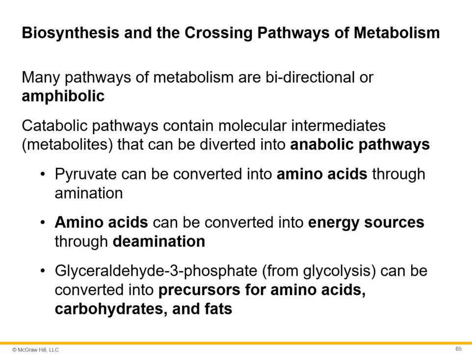For example, pyruvate, we said, can be converted into amino acids. That's through a process called amination. Those amino acids can be converted into energy sources. And then you've got, like, for example, glyceraldehyde 3-phosphate. This guy's from glycolysis. It can go through various pathways to become amino acids, carbohydrates, or fats.